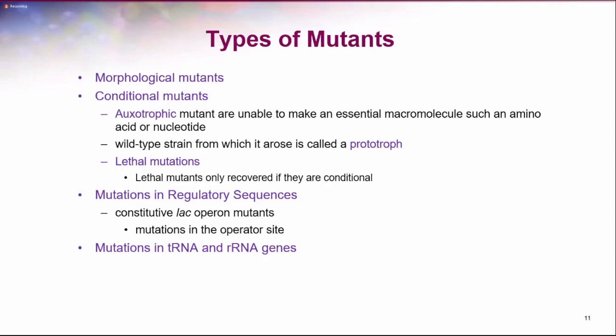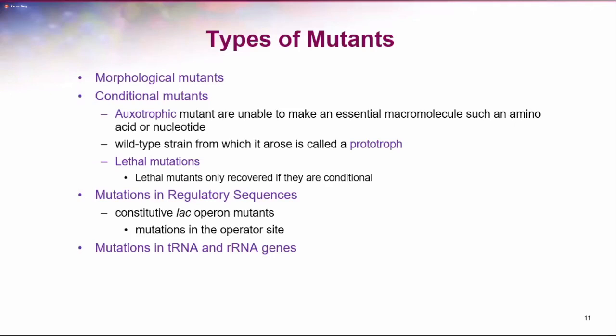You can also have, of course, mutations in regulatory sequences. Mutations don't always happen to be in coding regions. You can have mutations, for example, in the operator region of the LAC operon. If the operator region is mutated so that the LAC repressor cannot bind, then transcription would always occur.